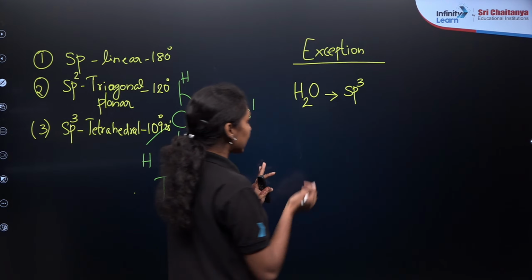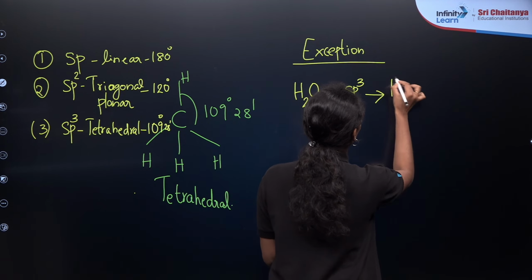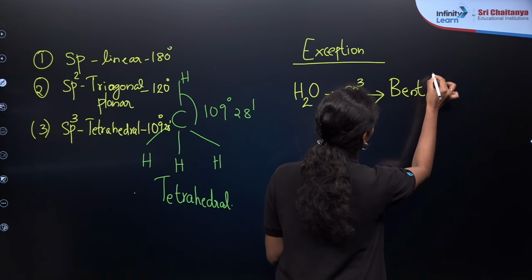In the case of water molecule, it is again sp3 hybridization, but the shape will be different because it is the bent shape or V shape.